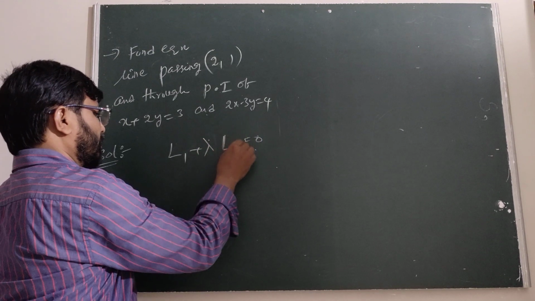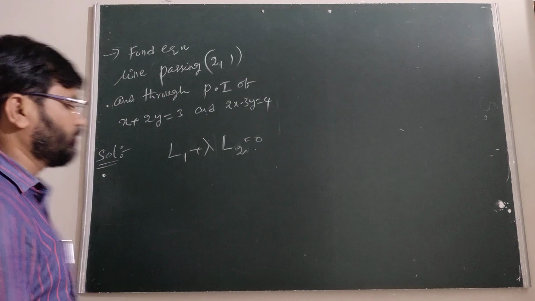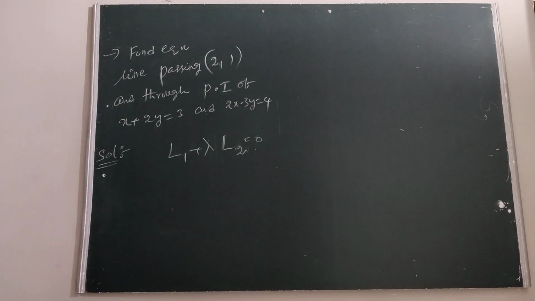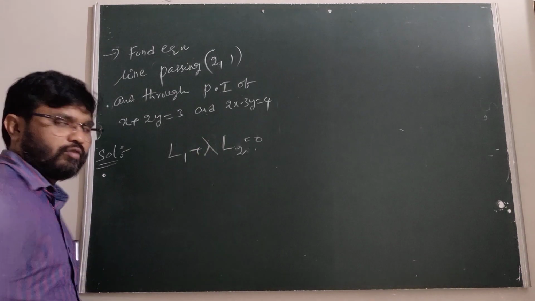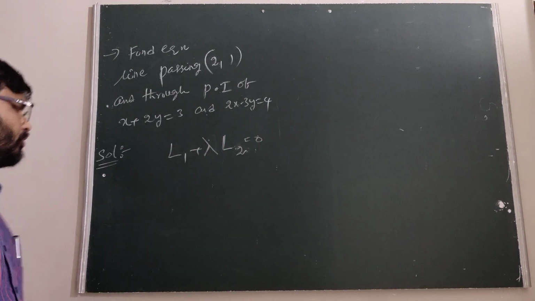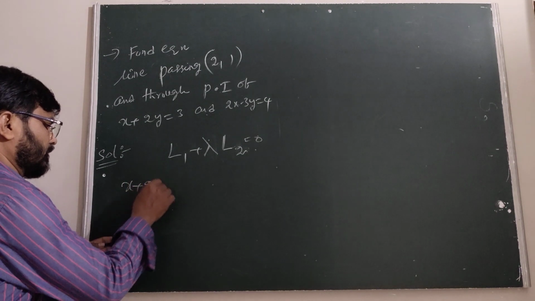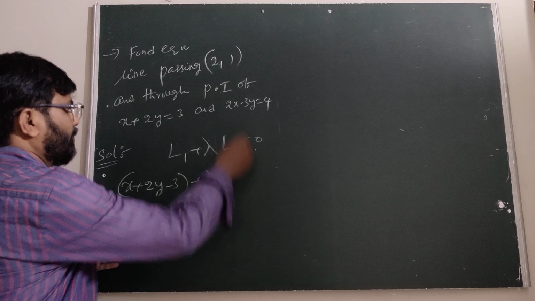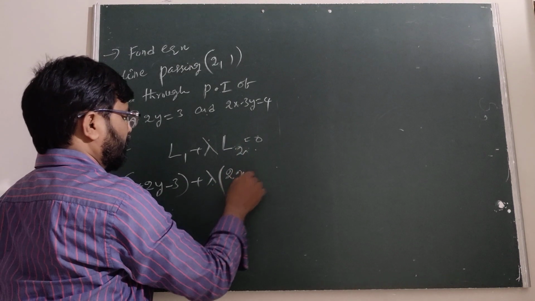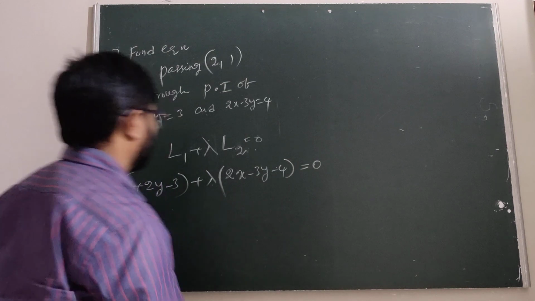This is our required line, where L1 is x plus 2y minus 3 and lambda into L2 is 2x minus 3y minus 4 equal to 0.